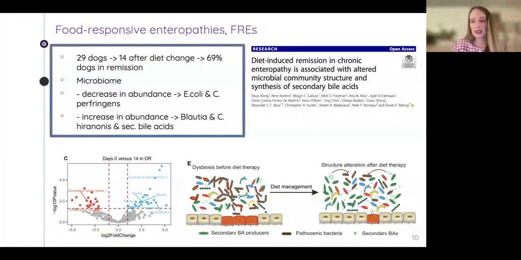So here in this picture, you can see how the environment in the gut would change with dietary management alone in those dogs that respond to diet. The pathogenic bacteria, the brown ones, would decrease, and the secondary bile acid producers, the bacteria that convert those bile acids, would increase in number, and we would also see an increase in secondary bile acids.